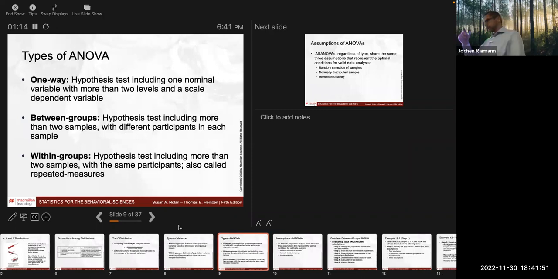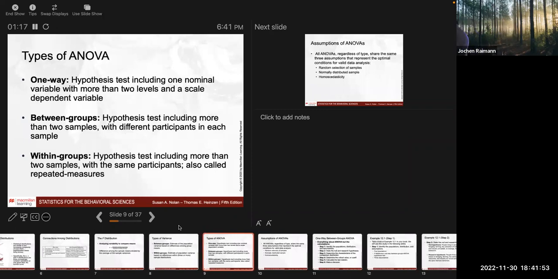Types of ANOVA, we talked about that already. Between groups, each individual participant basically is part of a different sample. So your dependent variable is a scale continuous variable. Your independent variable is a nominal categorical variable with different levels. Each level is a different group. Each participant is assigned to a different group.